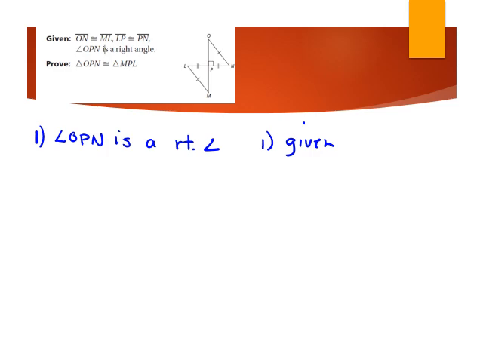We know then that the measure of angle OPN is 90 degrees, and we know that by definition of a right angle.